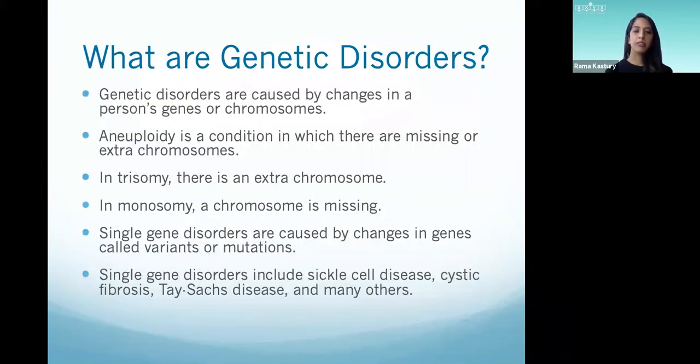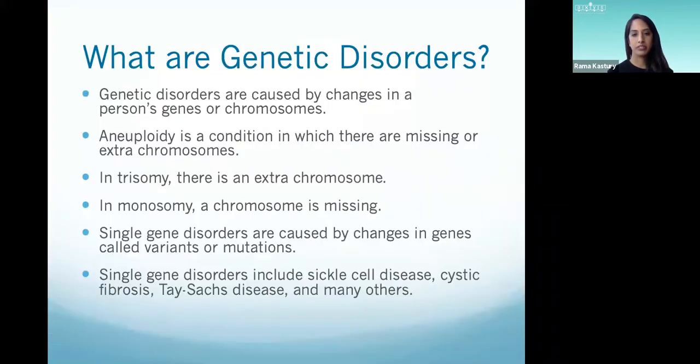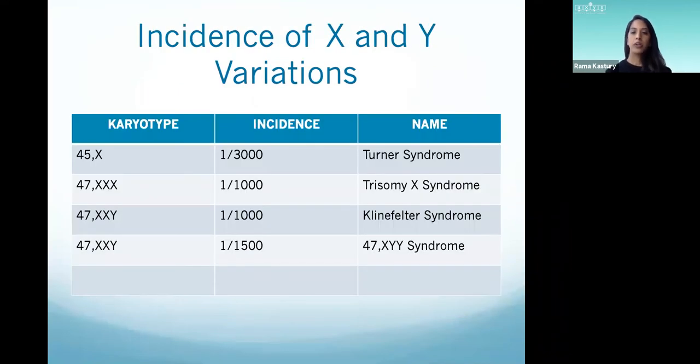A couple of examples of single gene disorders are sickle cell disease, cystic fibrosis, Tay-Sachs, and many others. And by the way, interestingly enough, on all of our chromosomes, we have about 20 to 30,000 genes. So you can imagine how many different combinations of things can go wrong and can lead to various numbers of conditions.